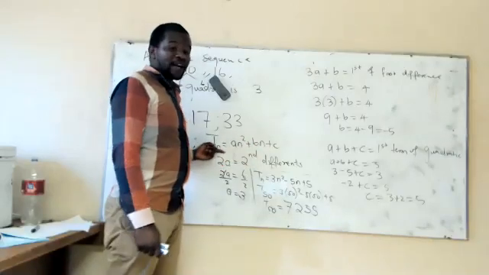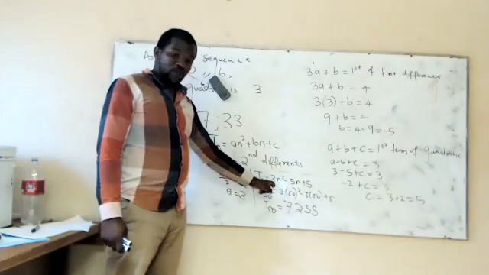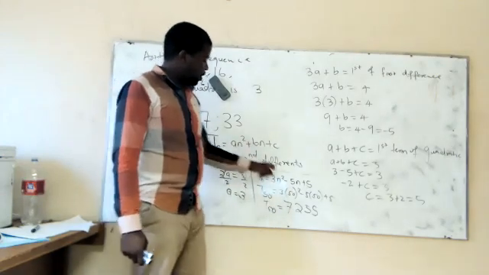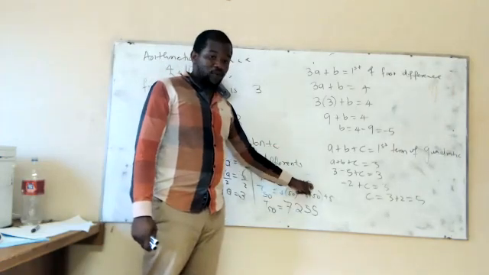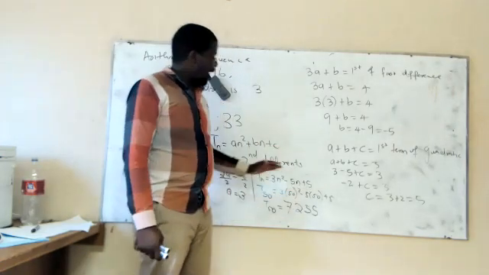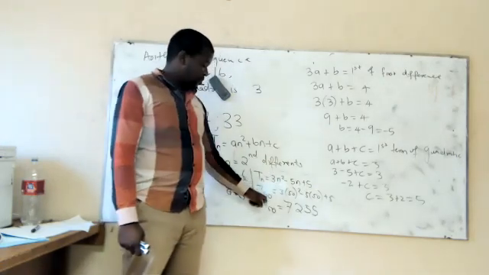This is the formula for the quadratic sequence. Where we have A, we substitute 3. Where we have B, we substitute -5. Where we have C, we substitute 5. After having that, we can then find our T50.